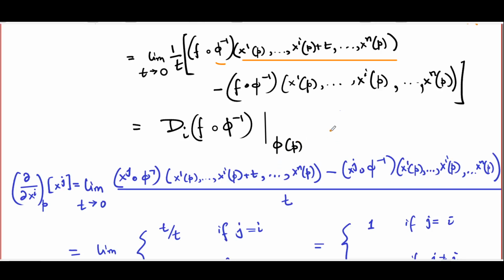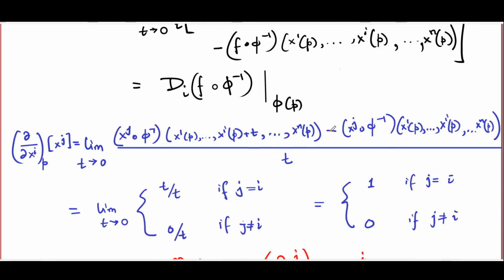So the difference in the numerator is t, and therefore you are calculating the limit as t goes to 0 of t by t. That is when j is equal to i. So you get 1 for the limit when j is equal to i. And if j is not equal to i, both of these are exactly equal to the same thing, namely xj at p, the jth coordinate of p, and therefore the difference in the numerator vanishes and you end up with 0 for the value of this limit.